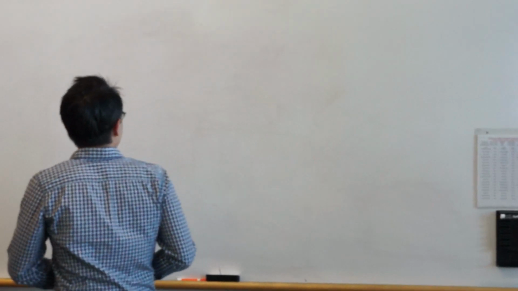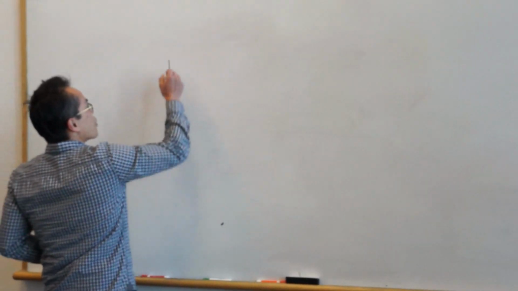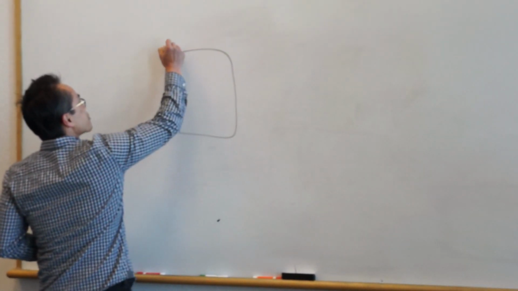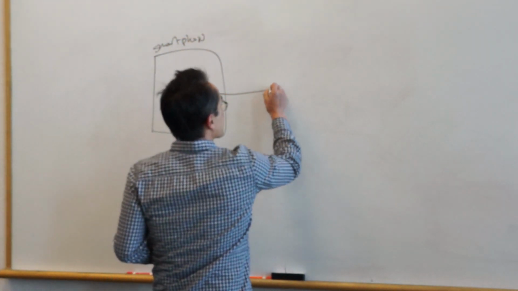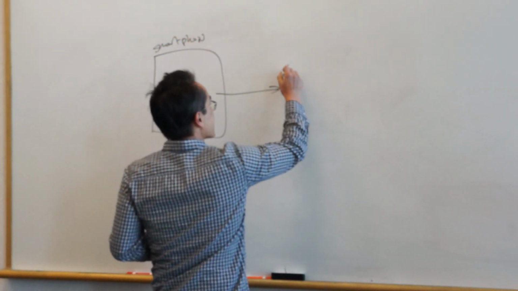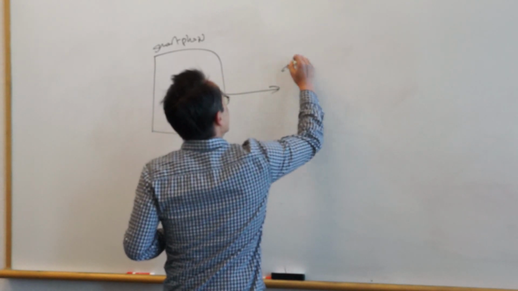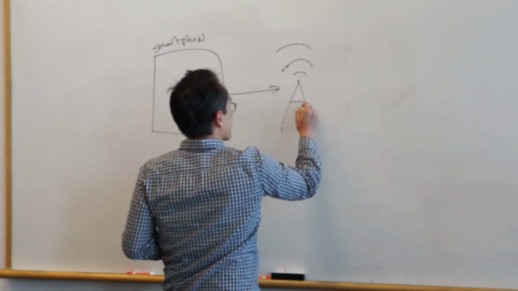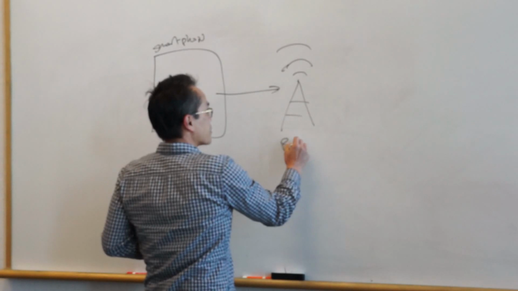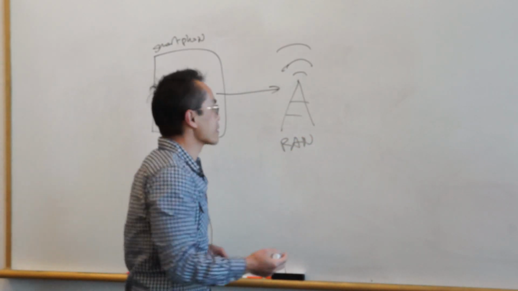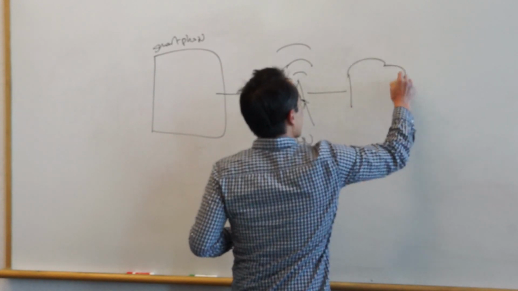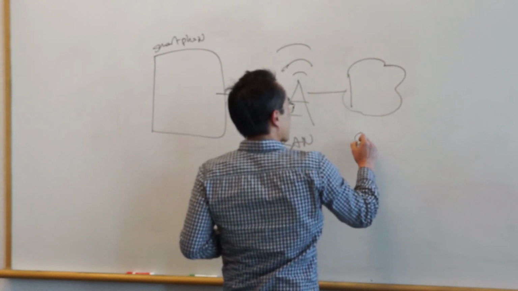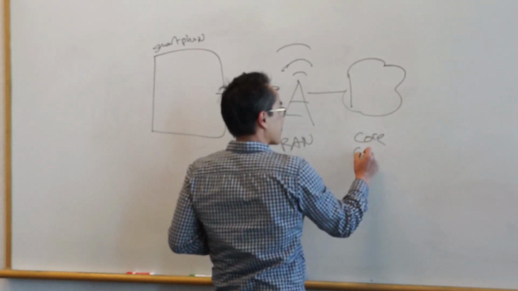So the way mobile optimization works today is, if this is your smartphone, what it typically goes through is the radio network, also known as the radio access network, and this also then connects to the core of the cellular network.